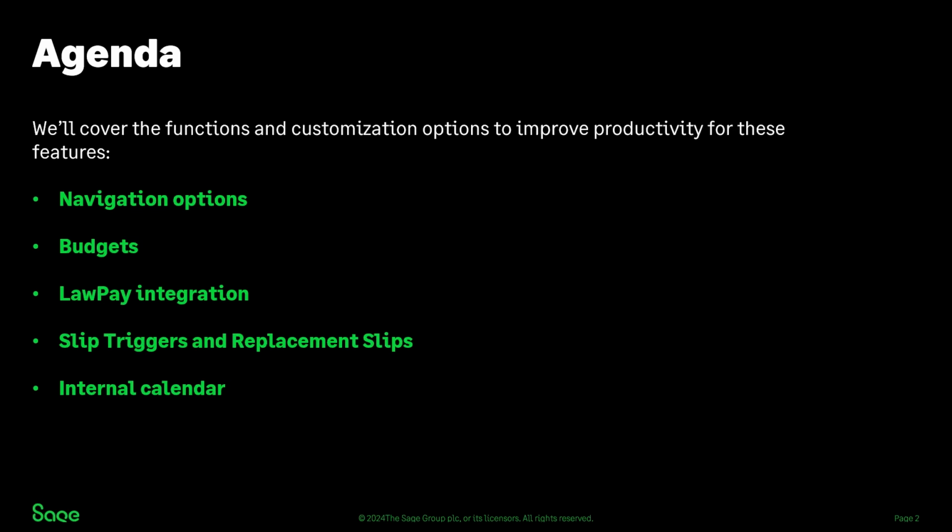Wonderful. Thank you so much. I'm Desi Williams. I'm the sales engineer for Sage Timeslips. And thank you all for joining us today. This is going to be a demo-heavy presentation, so you'll be able to get an understanding of the features and functionalities that we're talking about. First things first, let's go over our agenda. Today we're going to cover the functions and customizations of our navigation options, creating budgets within Timeslips, our LawPay integration, as well as slip triggers and replacement slips, in addition to an internal calendar.